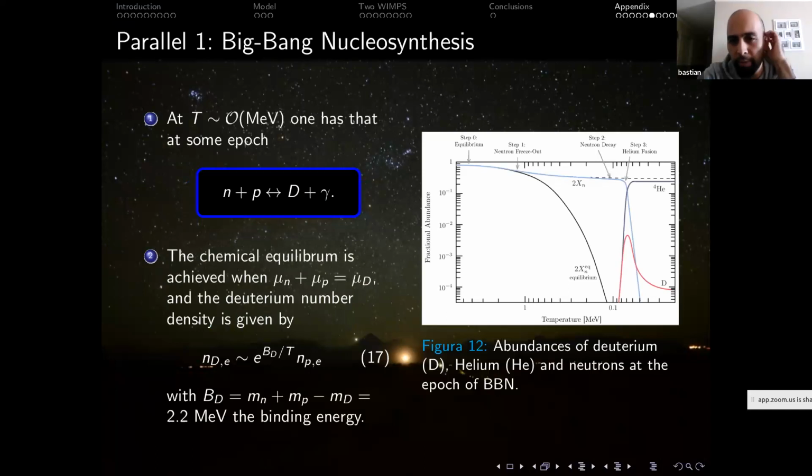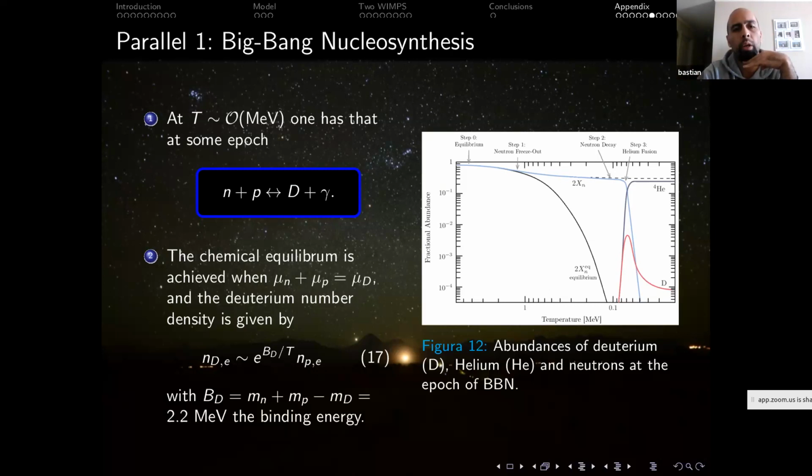I think that is Big Bang nucleosynthesis. Maybe this is more intuitive, because at a certain epoch, near 1 second after the Big Bang, you have neutrons and protons, and at some point they start to get together to create the deuterium plus photons.